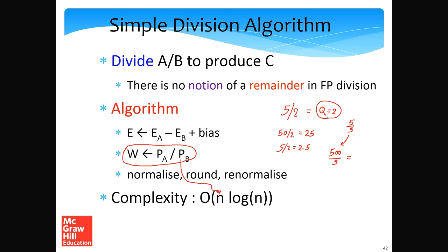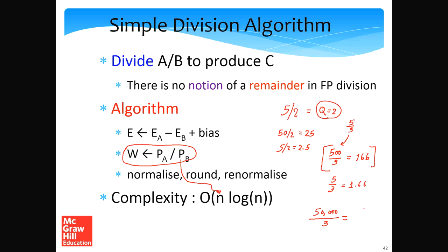So 500 by 3 in regular integer division is 166. So I'll say that, look, since 500 by 3 is 166, 5 by 3 is 166 divided by 100, which is 1.66. So similarly, instead of 500 by 3, I could have done 5000 by 3, or I could have done 50,000 divided by 3.